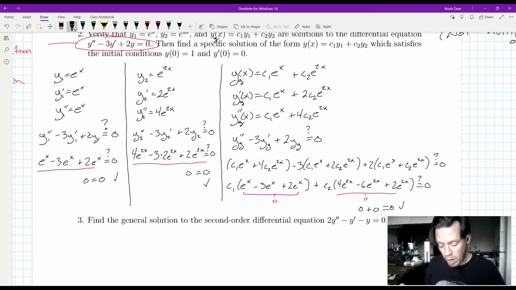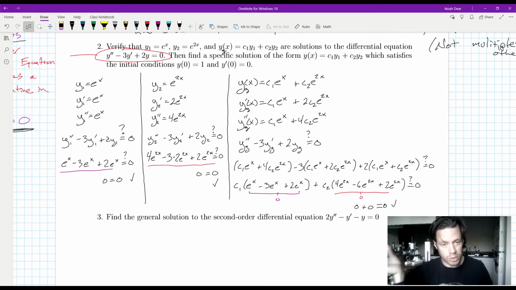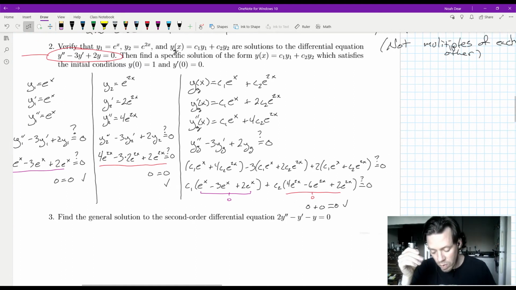Not only is this, but all solutions of this form for any constant c1 and c2 will also work. So if we have two linearly independent solutions, then we can add up linear combinations, any multiple of the first plus any multiple of the second, and that will still give us a solution to the differential equation. This is always going to work.